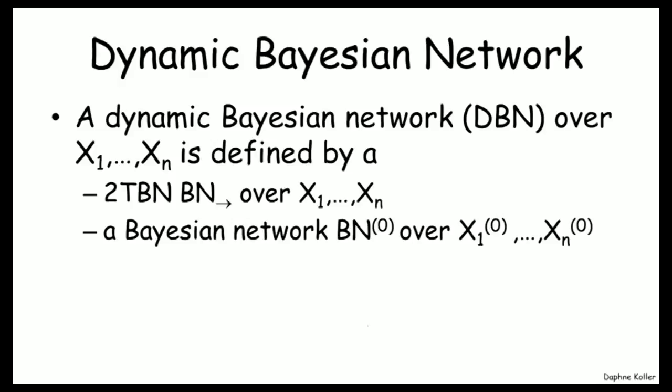A dynamic Bayesian network is now basically defined by a 2TBN, which we just defined, and a Bayesian network over time 0. So this is the dynamics, and this is the initial state.